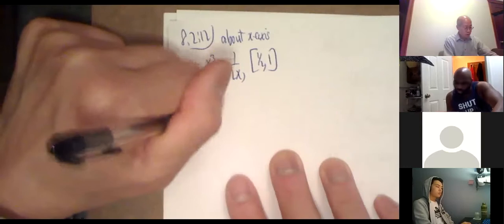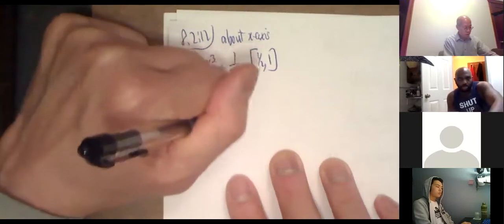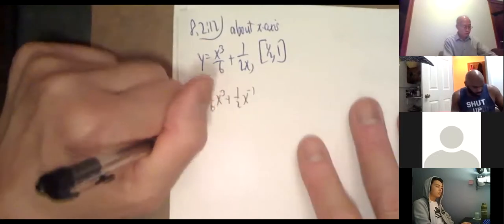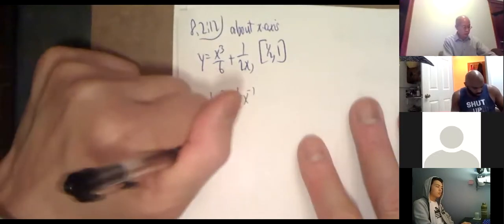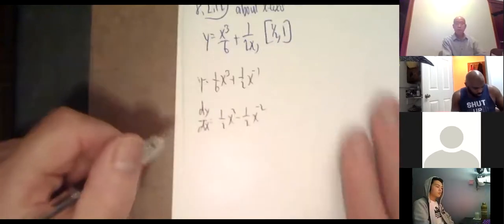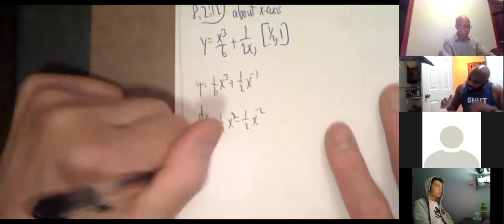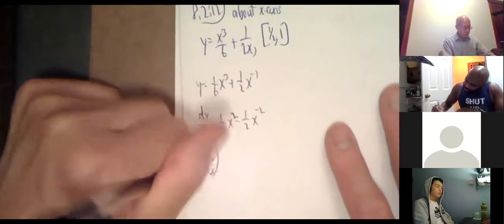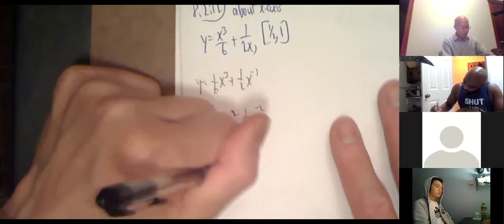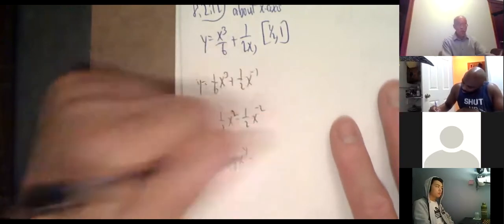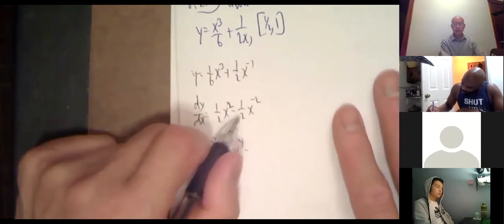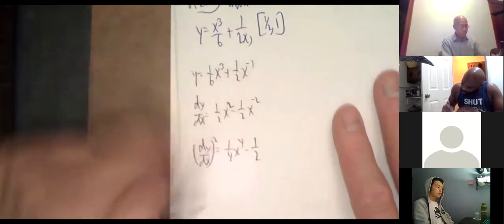So y is 1/6 x cubed plus 1/2 x to the negative 1. dy/dx is 1/2 x squared minus 1/2 x to the negative 2. dy/dx squared is 1/4 x to the 4th minus 2ab, the recurring theme. 2 times 1/2 is 1, times 1/2 is 1/2.